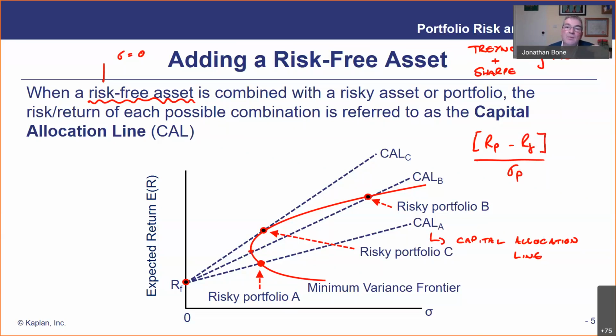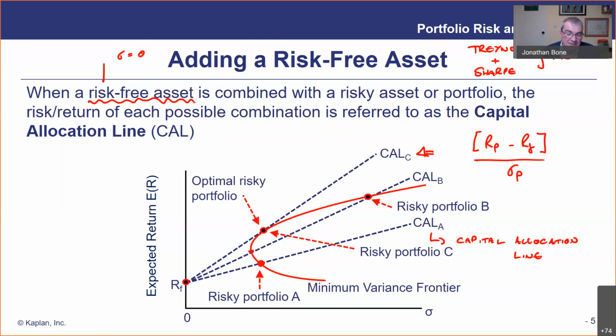Now, if you are a risk-averse investor, by definition, you will always want to choose the highest Sharpe ratio. You will always want to maximize the excess return a portfolio generates per unit of risk. So therefore, rational risk-averse investors will choose a combination of the risk-free asset and risky portfolio C. Notice where we have our risky portfolio C, it's a tangent.